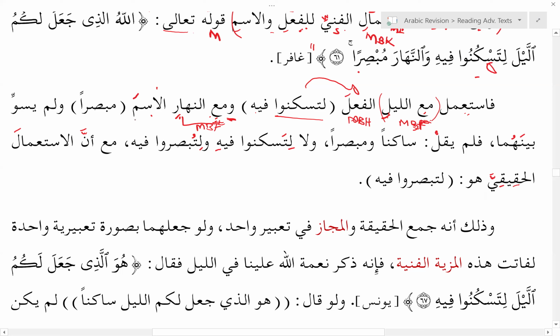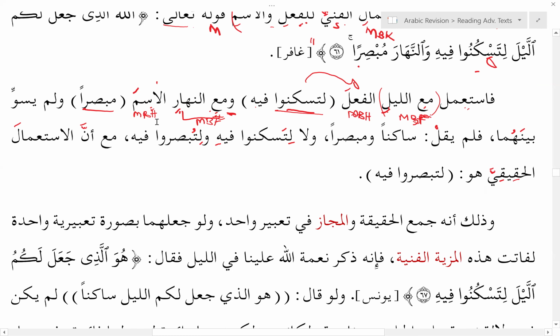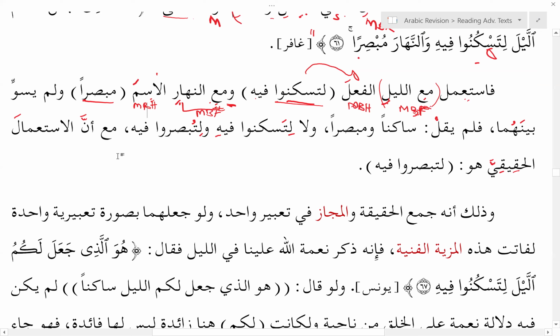So this is going to be our مفعول به. Right? الاسم. Because it's kind of connected to whatever structure it's happening before. And then مبصرا, same thing like what happened with لتسكنوا. It's a بدل of الاسم. So it's a بدل of الاسم, right?